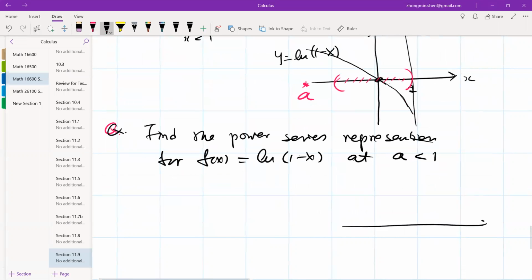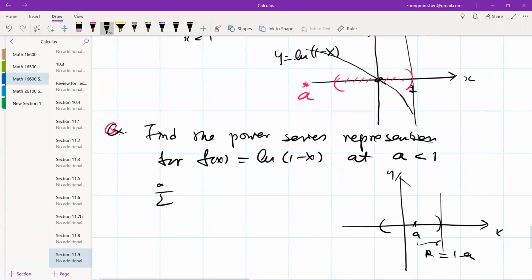Okay, this is a picture. If a is here, then this is the interval you're going to get. The radius r is going to be 1 minus a, right? So let's find the formula for that.